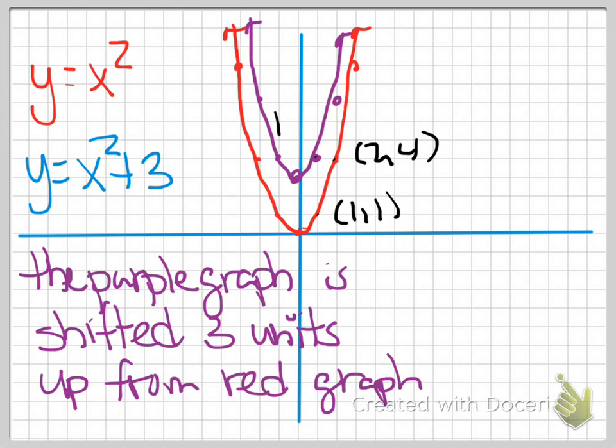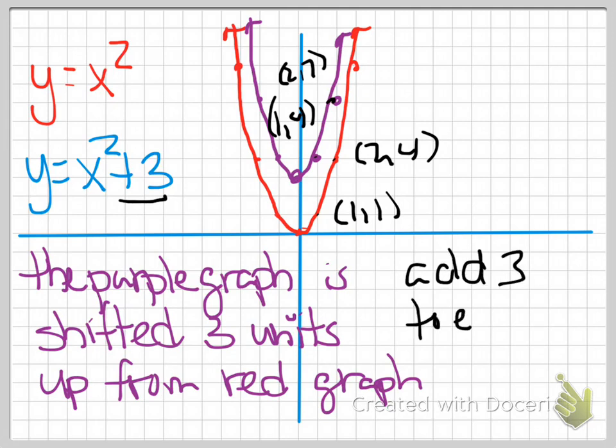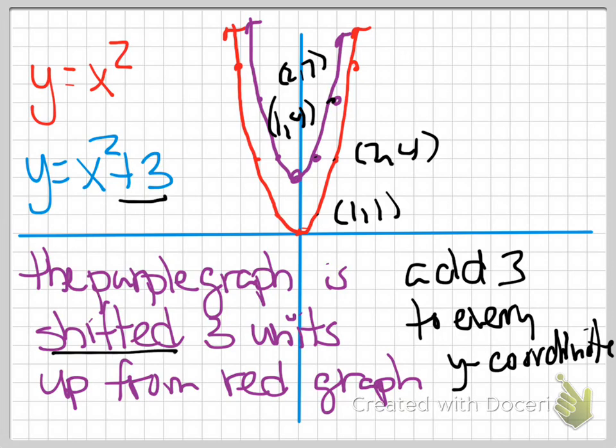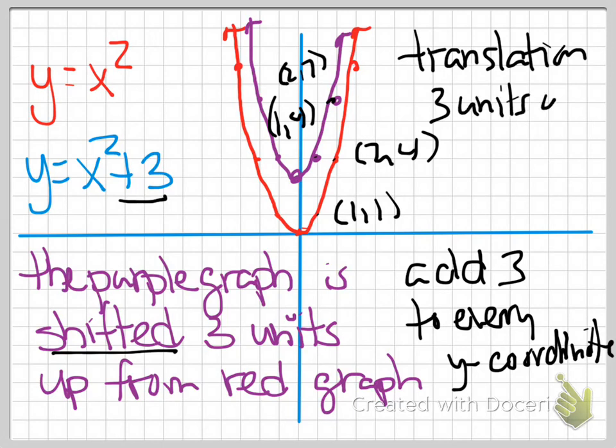So (1, 1) shifts up to (1, 4). (2, 4) shifts up to (2, 7), because we're adding 3 to every y coordinate. So again, it's a shift, it's a translation, three units up, because everything's moved up 3.